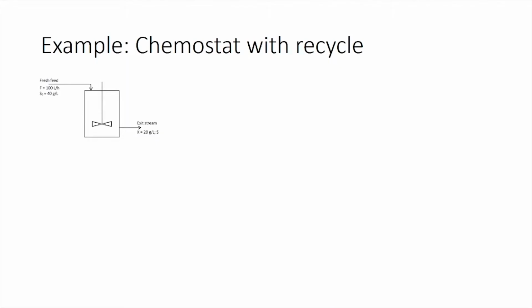For the setup 1, let us write a biomass balance. Input minus output plus generation minus consumption equals accumulation. At steady state, we do not have any accumulation. We also do not have any consumption, assuming that there is no cell death. So, we are only left with generation, input and output.